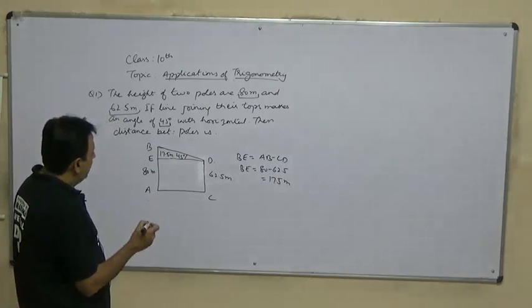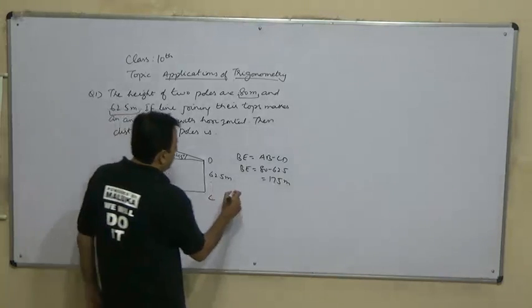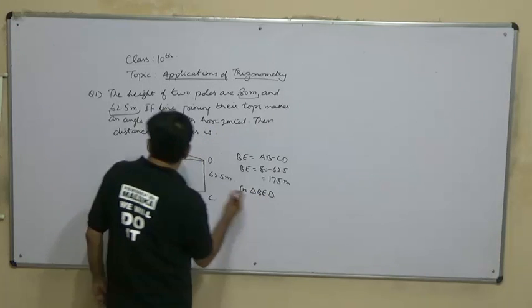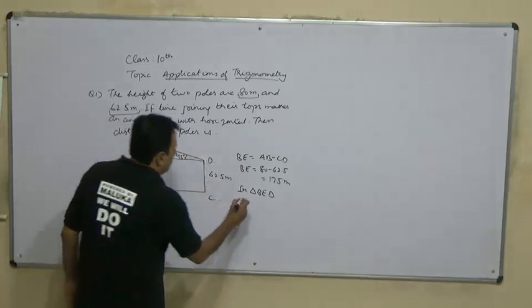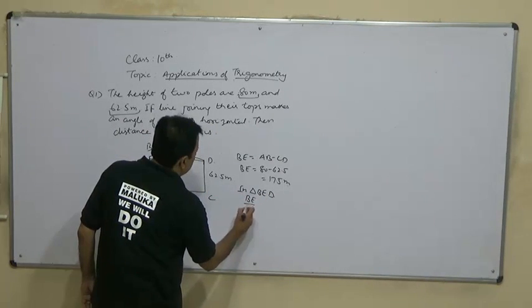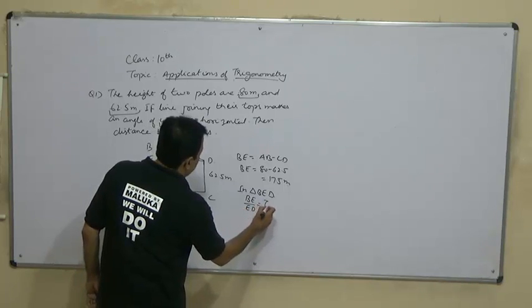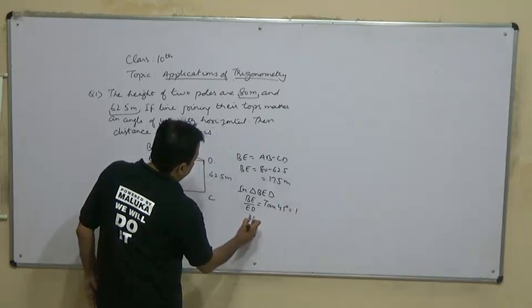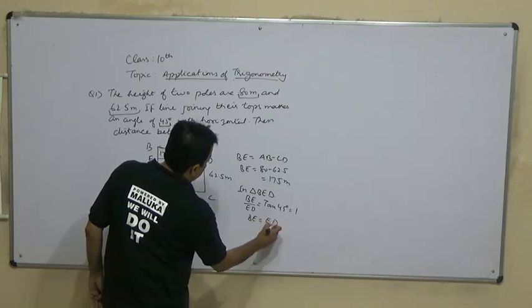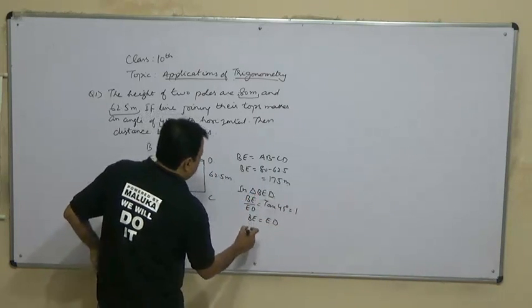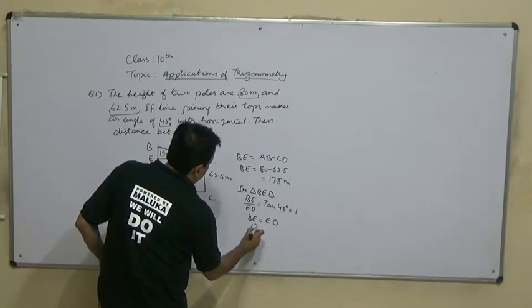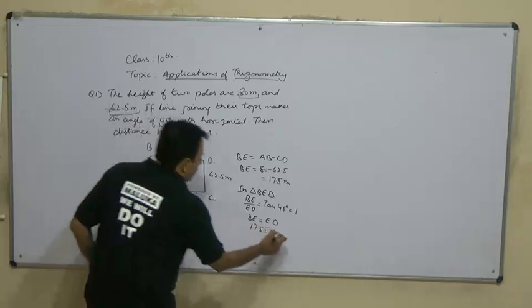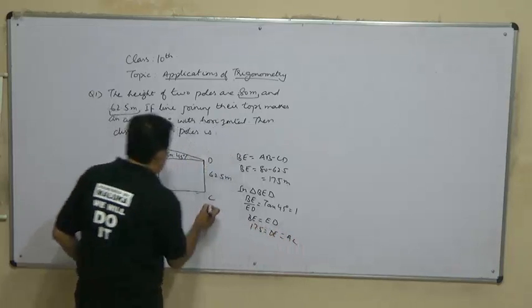Now we can take triangle BED. In triangle BED, BE upon ED is equal to tan 45, and tan 45 is 1. So BE is equal to ED, which is 17.5, and DE is equal to AC.